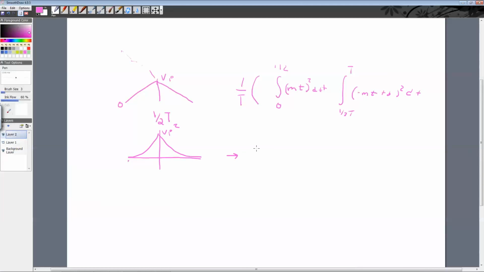That gives me 2 divided by the period, 0 to 1/2 T. The intercept is hard to find, but it's just one more thing you have to do. So by finding this area, multiplying it by 2, and then taking the square root of it, there you go.